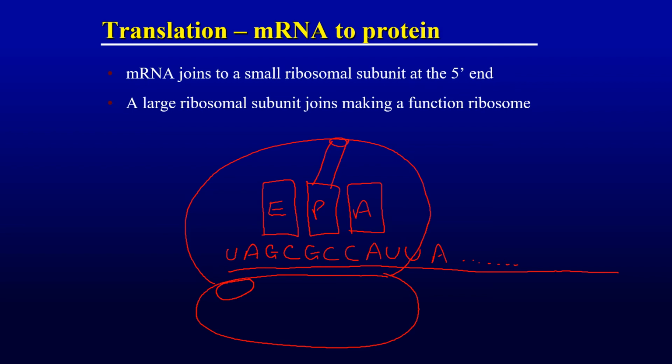Okay, now I've not properly matched up codons on the messenger RNA to the E, P, and A sites. But we'll look at that in a better diagram next. I just wanted you to get the picture that the messenger RNA joins to the small ribosomal subunit, and then a large ribosomal subunit comes and joins those.